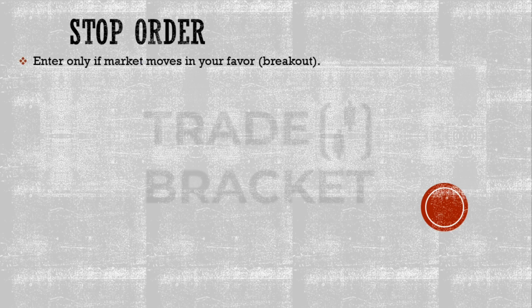All right, so let's talk about stop orders. Stop orders will also be executed automatically, and we have both buy stop orders and sell stop orders. So what are stop orders? You enter the market if the market moves in your favor. Let me use an example.